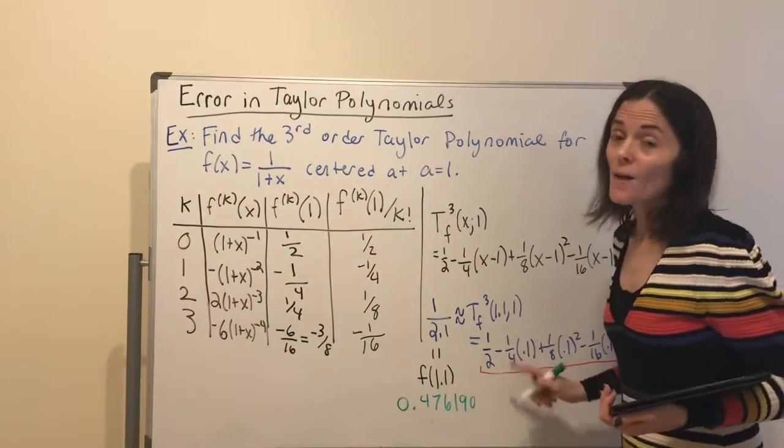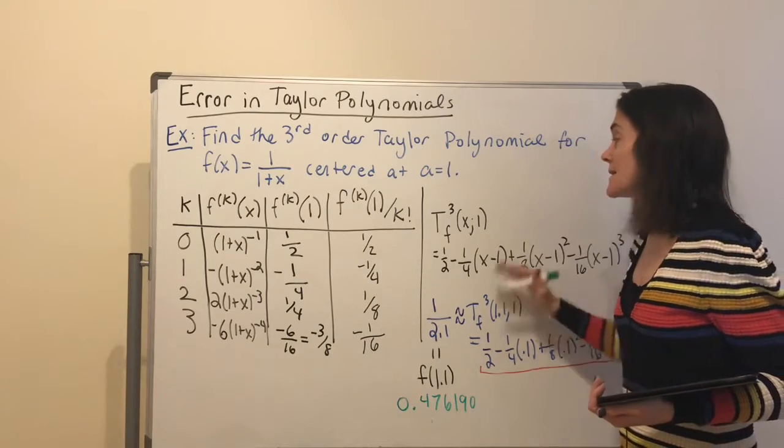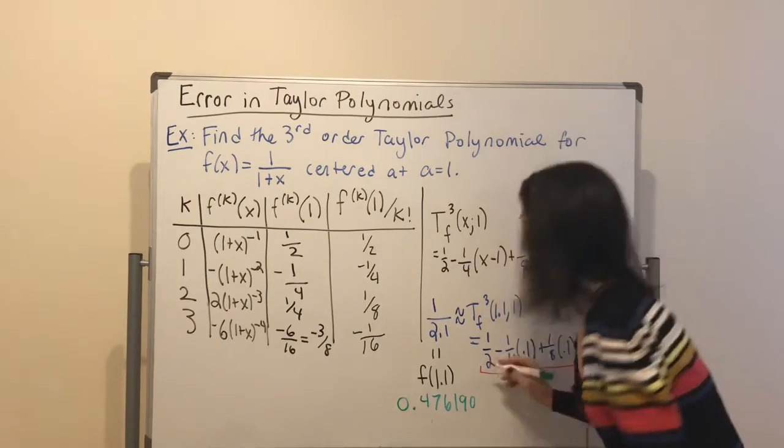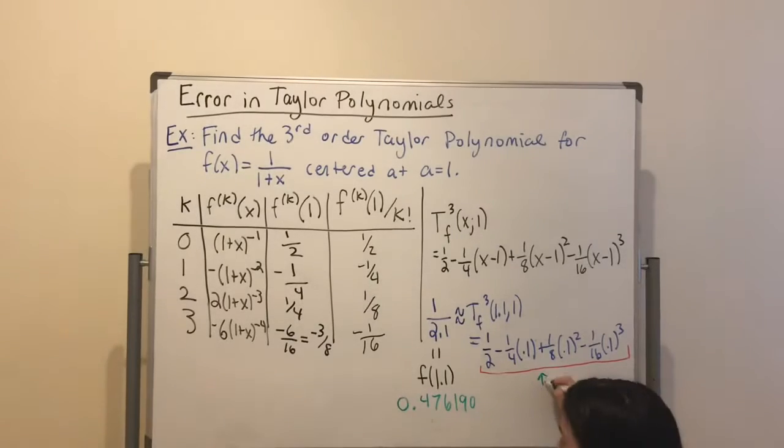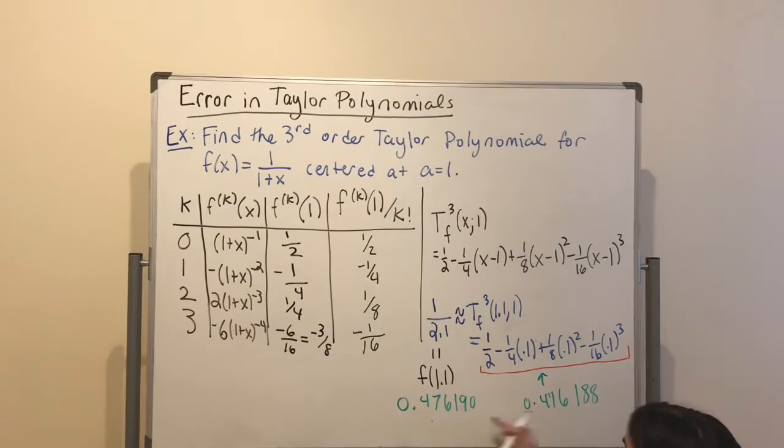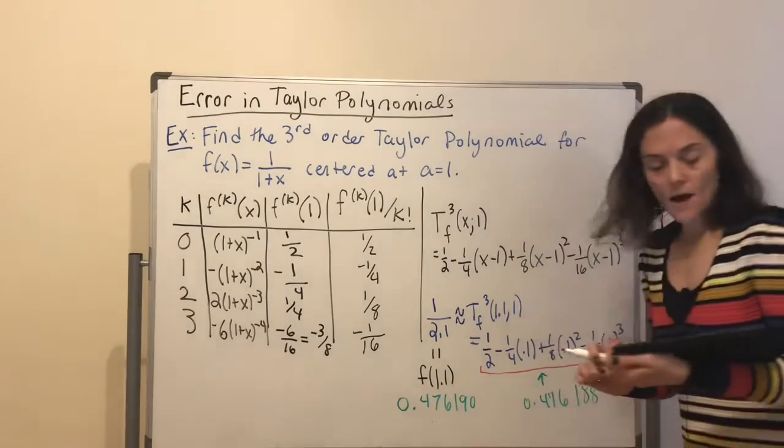This one was polynomial evaluation. This is our Taylor polynomial. This value is 0.4761875, and I will round this to match 6 decimal places. Okay.